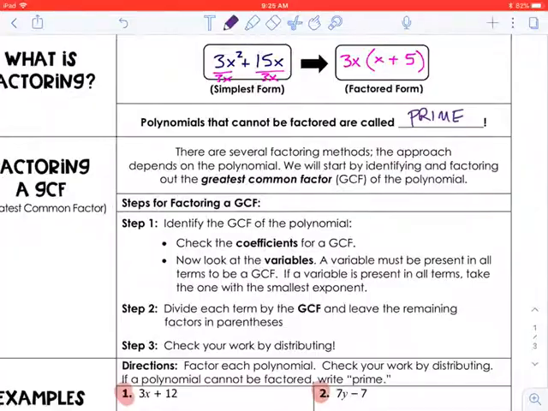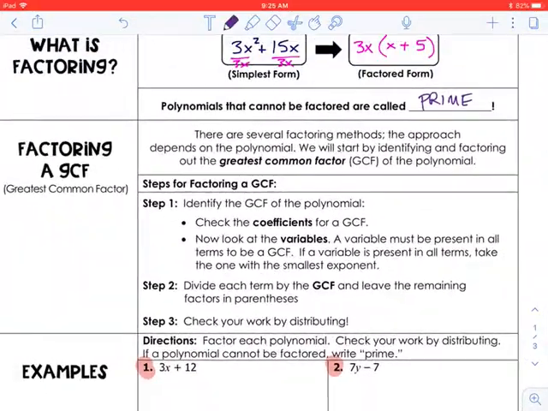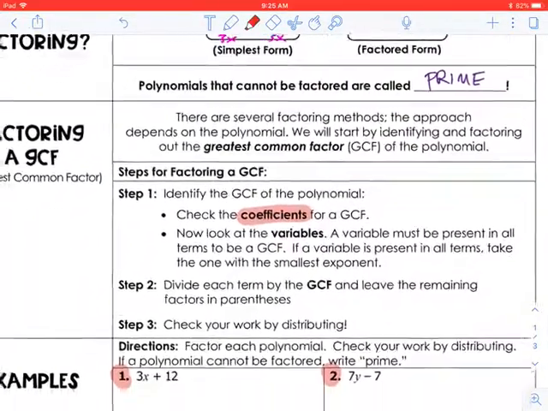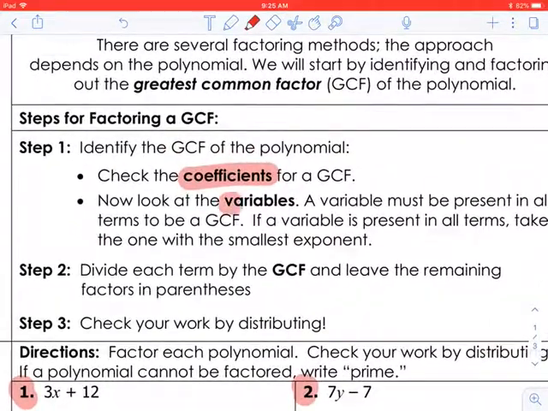Okay? So, factoring out a GCF, a greatest common factor is the greatest number that can divide everything in the polynomial. So check the coefficients first for a GCF. So, for instance, there our GCF was 3. And then look at the variables.